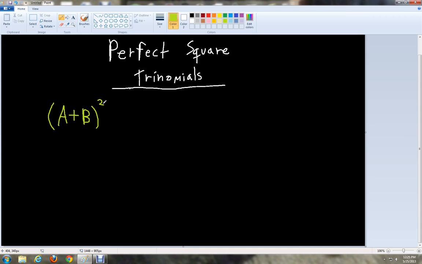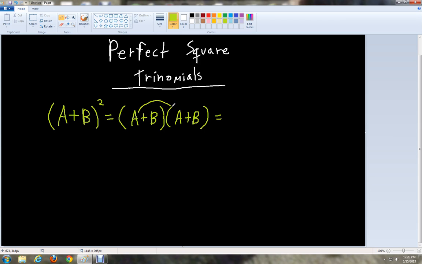When we have something that's squared, we multiply it by itself. So we'll have a plus b times itself, a plus b. And then we can FOIL, right?